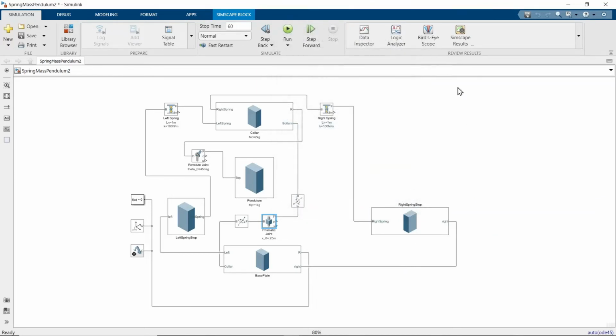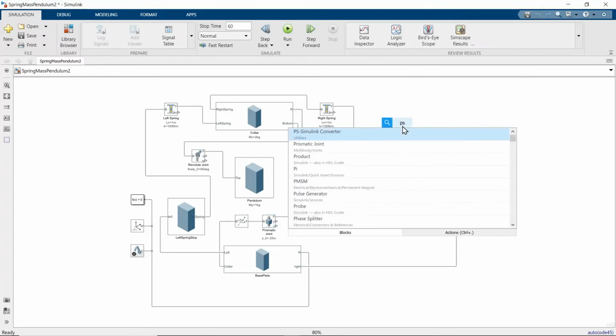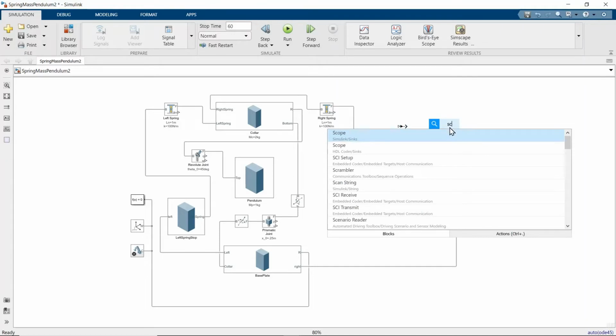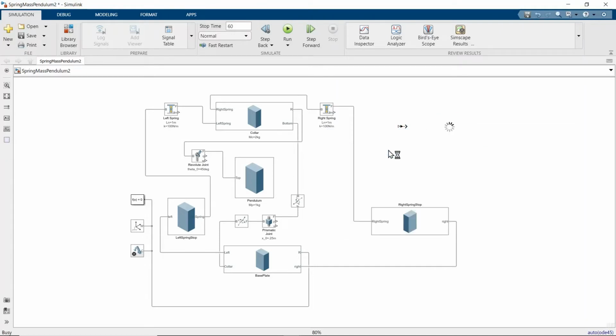And now we need some scopes and some PS Simulink converters. And we need a scope to plot it. We're going to need 4 of these now, but let's do one and then copy the rest of them. So this is for the position, like this.